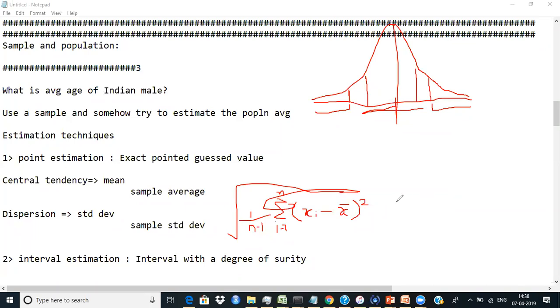Because again, this can be explained in higher order mathematics. In higher mathematics, it can be shown that as you increase the sample size, this quantity converges towards the population standard deviation. If we use 1 by n, it will not converge. You get this from a derivation.